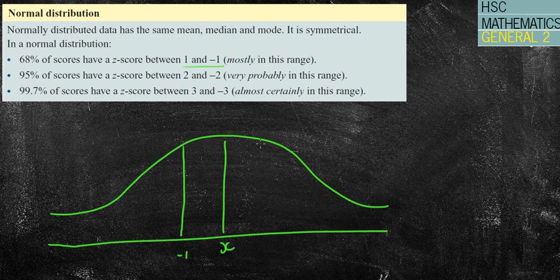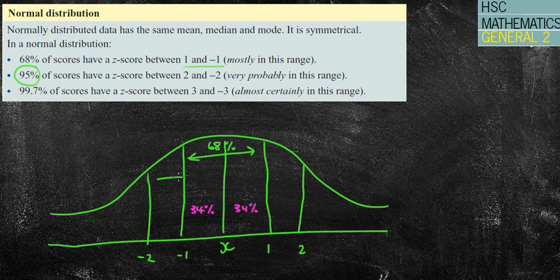If it's saying that 68% of scores are within 1 standard deviation of the mean, that means that because it's equally distributed and symmetrical, they're broken up into 34% each. Then if I look at 2 standard deviations from the mean, it says up here that it's 95% all the way across, which is going to be the majority of your scores.